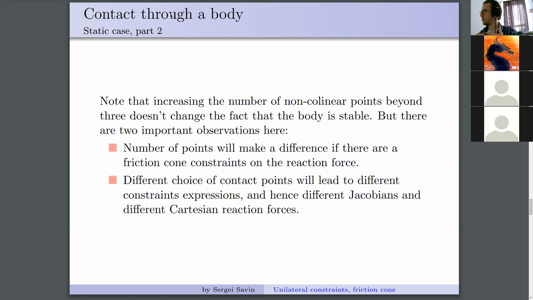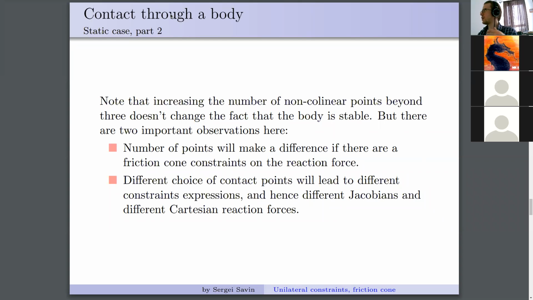I didn't do the math myself, so I don't know if it will actually make a difference in terms of the existence of solutions. I'd like to find an example where an additional contact point without a mass redistribution would make the solution more feasible. It sounds like it should make a difference.